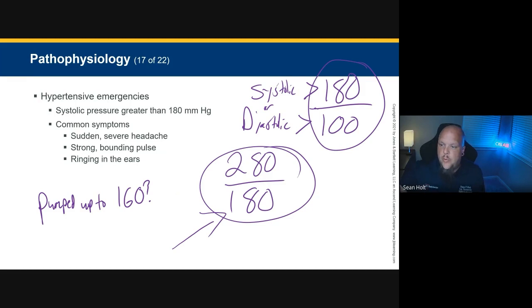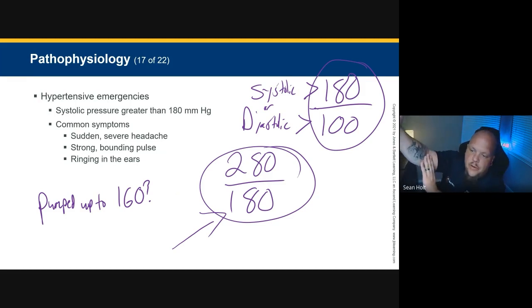No. That's why we put our stethoscope here, our blood pressure cuff up here, and we pump it up and listen as we're pumping it up to wait till we hear the pulse until it goes away, or we know that it's sufficiently high enough on the blood pressure cuff.